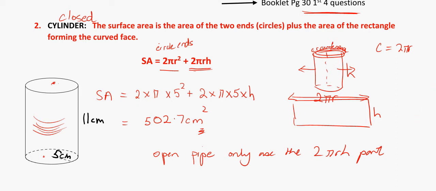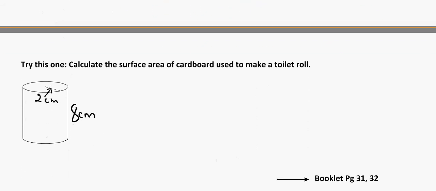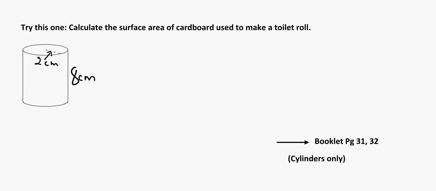Okay, we'll move this down, and here's one for you to try. Calculate the surface area of cardboard used to make a toilet roll. Now we'll just assume it's 2 centimetres in radius and is 8 centimetres high. So let's have a look and see. It's an open cylinder.